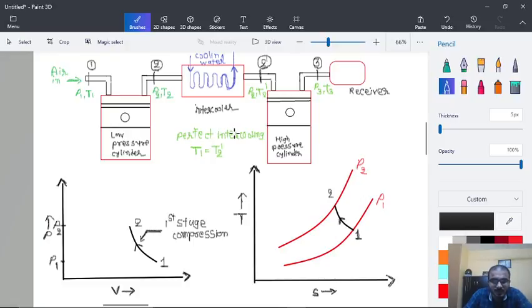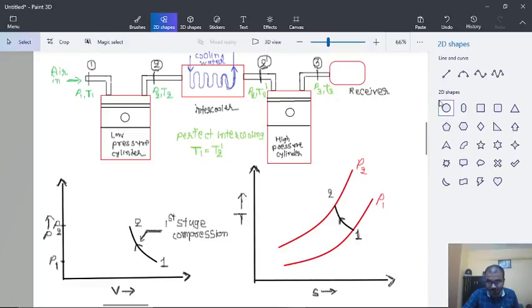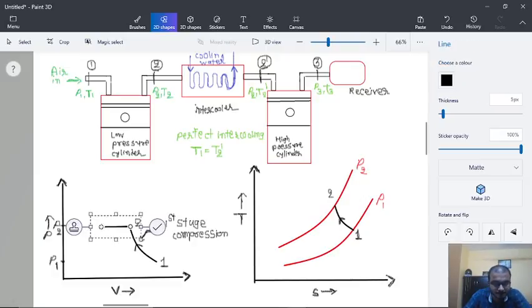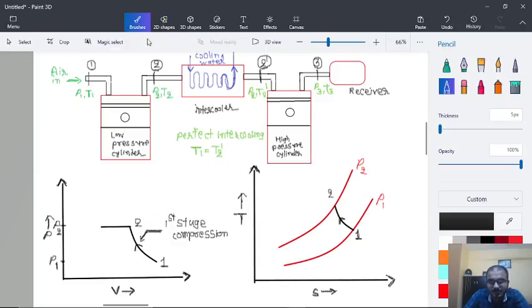Now the next task is the intercooler, where the temperature reduces, and we will assume that the intercooling happens at constant pressure. Let's say it happens in this way, and we reach 2 prime.